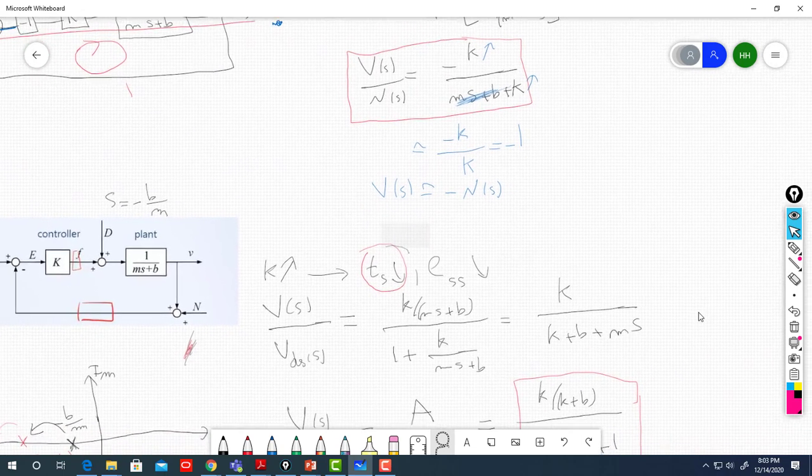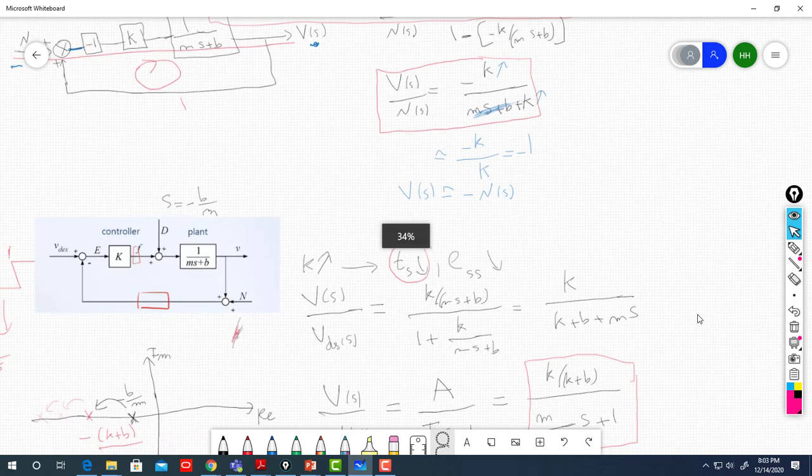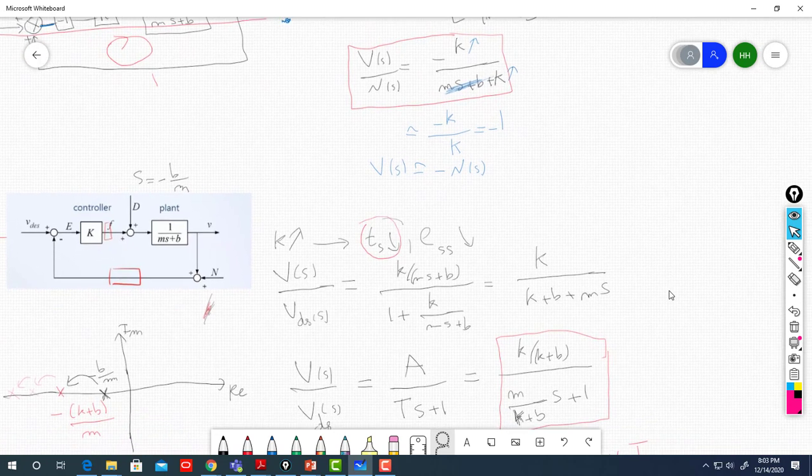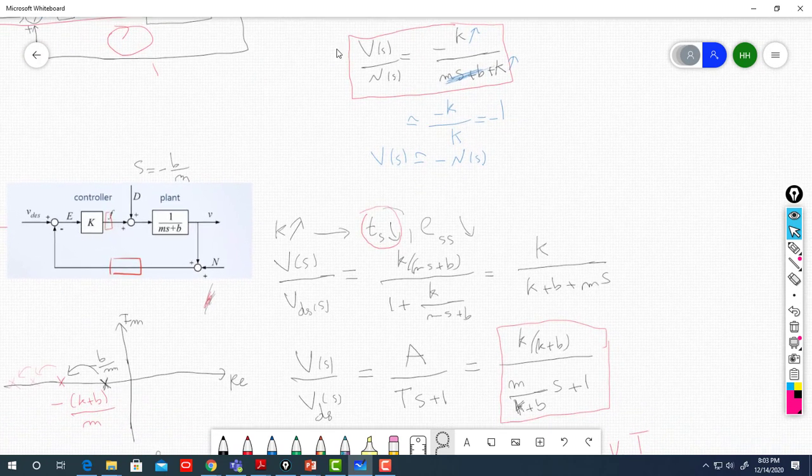I want you to see both together, how they look. V over N and V over V desired have only a minus difference in between. That's the only difference between V over V desired and V over N. So keep that, but the denominator is the same.